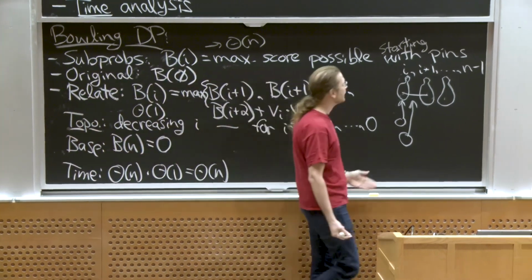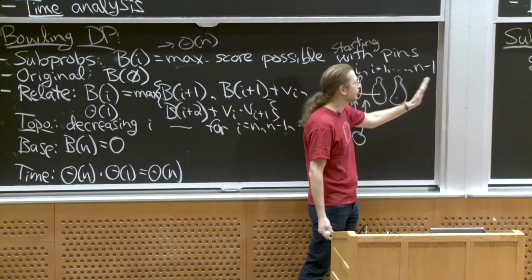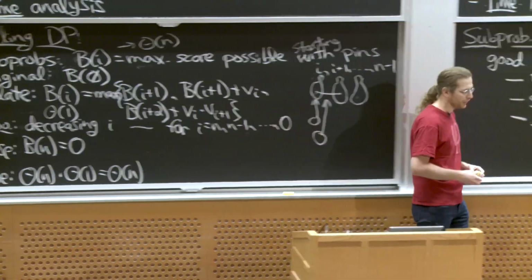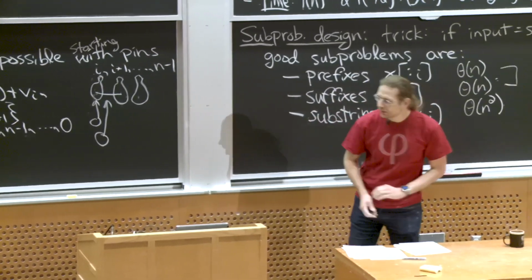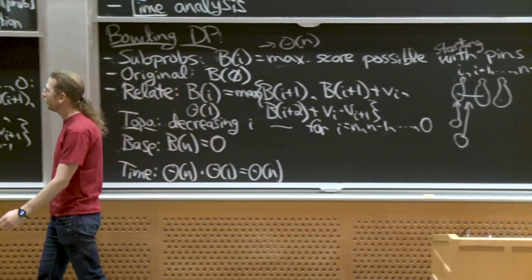And it's because what I do to this pin doesn't depend too much on what I do to a pin much later. And there's a lot of intuition going on here for when DP works, but we're going to see a lot more examples of that coming up.